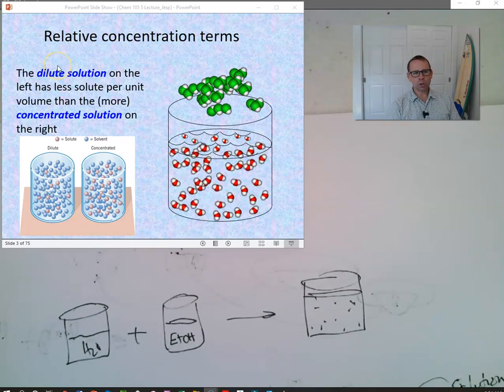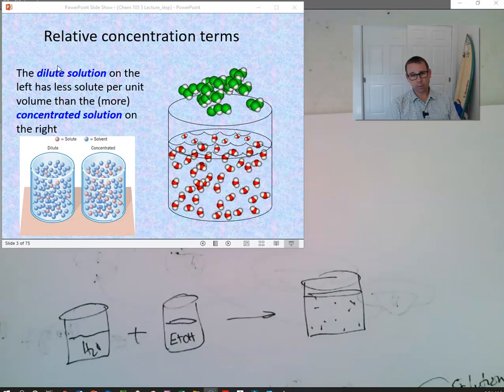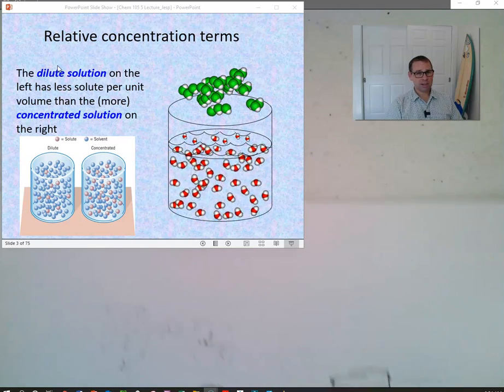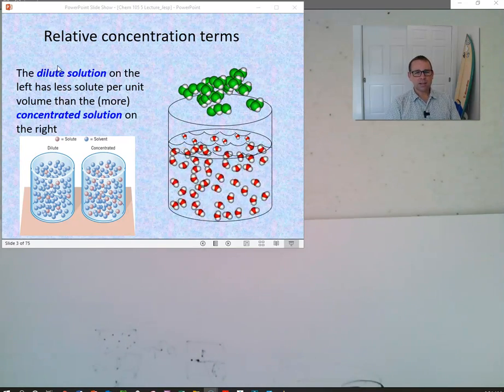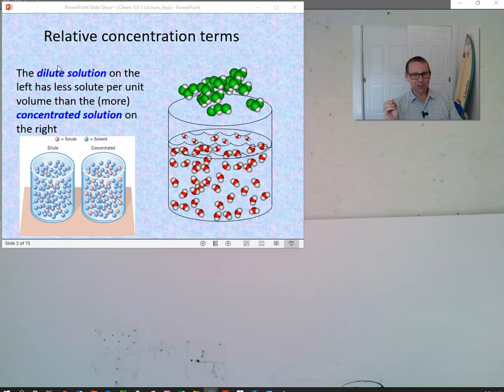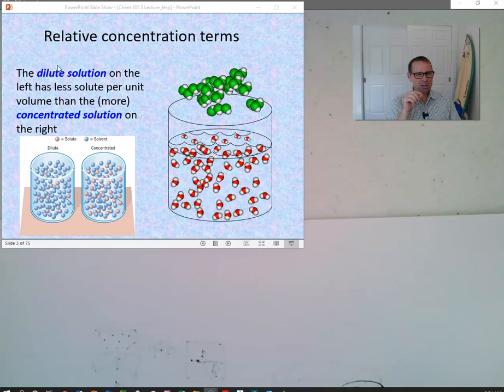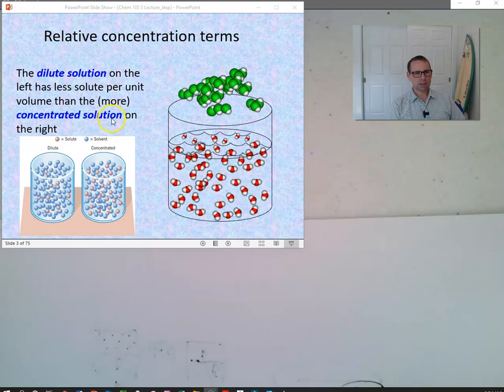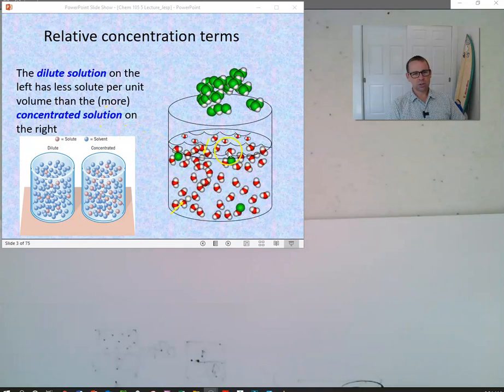We have two new words, like dilute. Now, you've probably heard that word. Have you heard the word dilute before? No. Okay, dilute means that the solute is a very, very small amount compared to the solvent. So in the solution, you just have a little bit. Like here, see, I just put a little bit of salt in. We could say that solution is dilute.